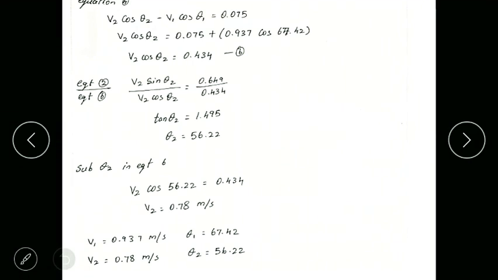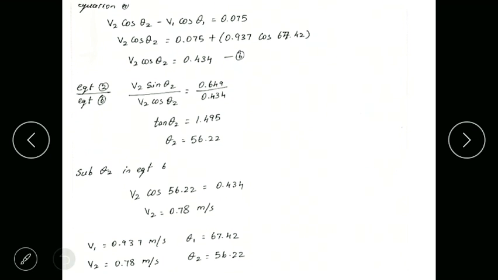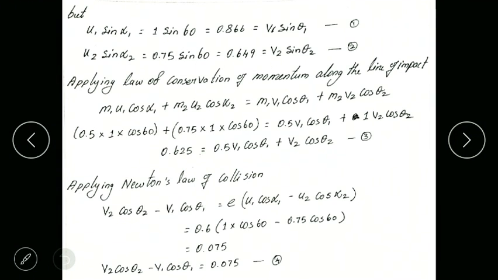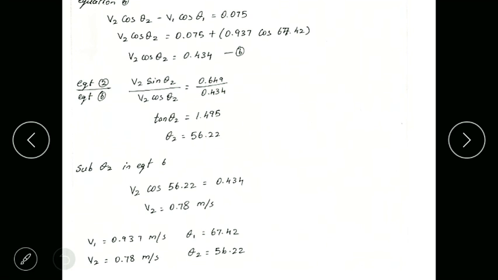So V2 cos theta 2 equals 0.434. Make it equation 6, because we don't know the values of V2 and theta 2.